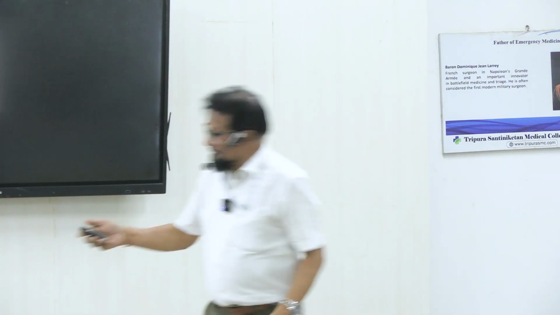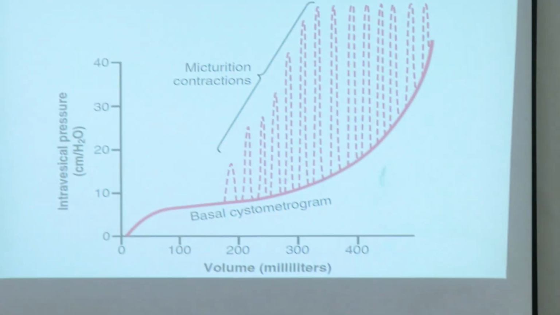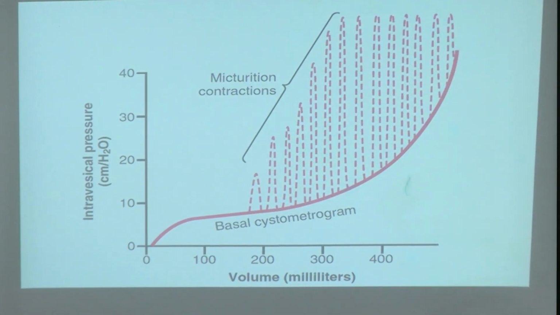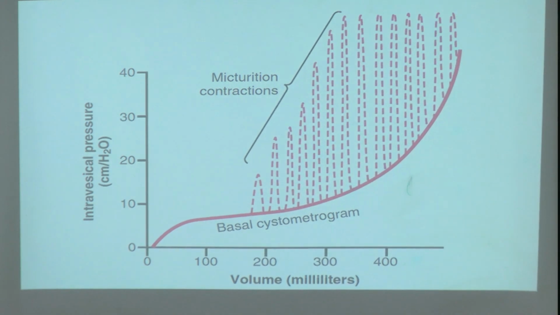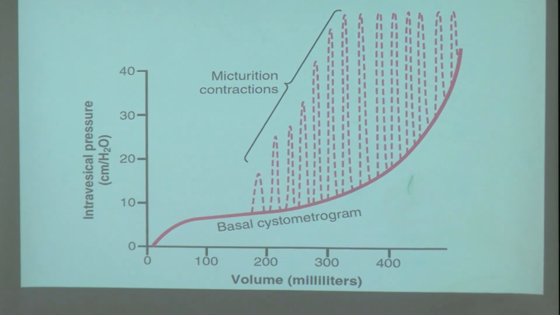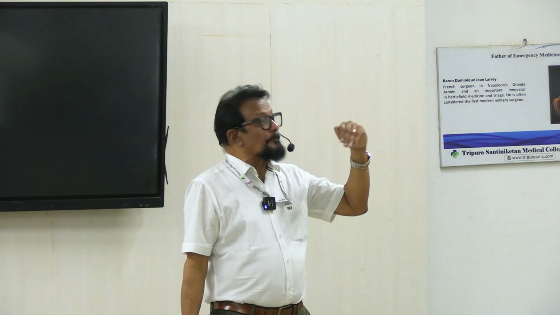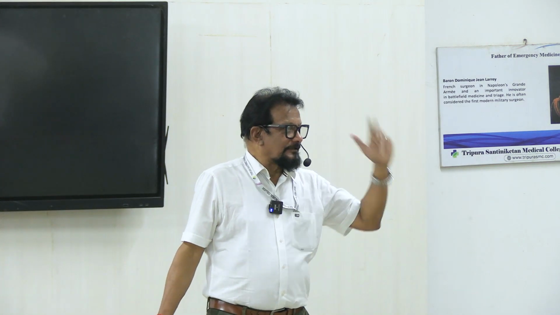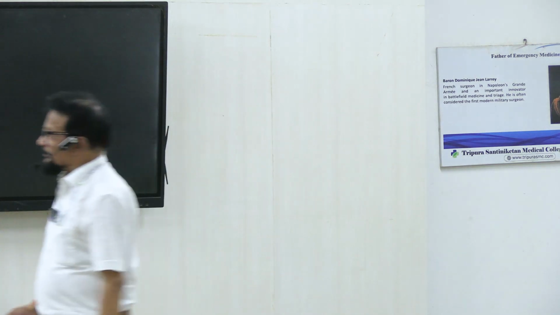This is not millimeter mercury pressure; this is centimeter water. In the urinary bladder it varies from 0 to 40 centimeter water pressure. When it goes beyond 40, it is not controllable. So the maximum pressure you can withstand is 40 centimeter water.